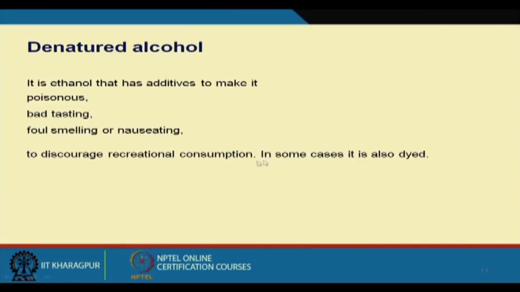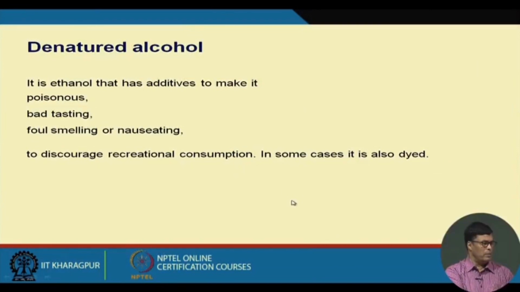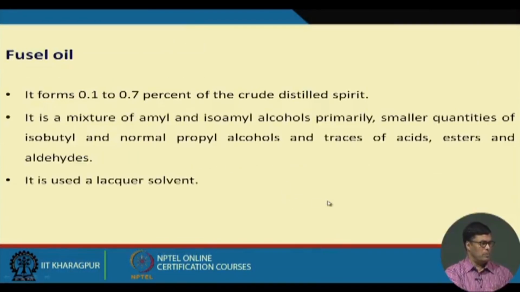Now, denatured alcohol I already explained, and I don't want to discuss it again, but about fusel oil, I want to tell you that it is 0.1 to 0.7% of the crude distilled spirit. It is a mixture of amyl and isoamyl alcohol, primarily, with smaller quantities of isobutyl and normal propyl, and trace amounts of acid esters and alcohol.